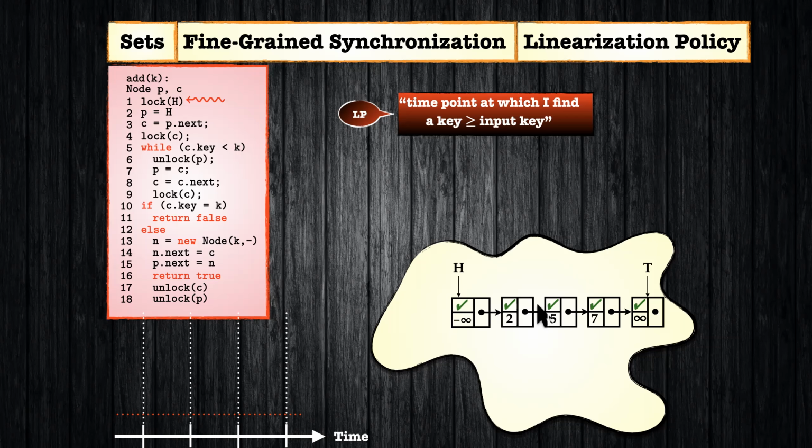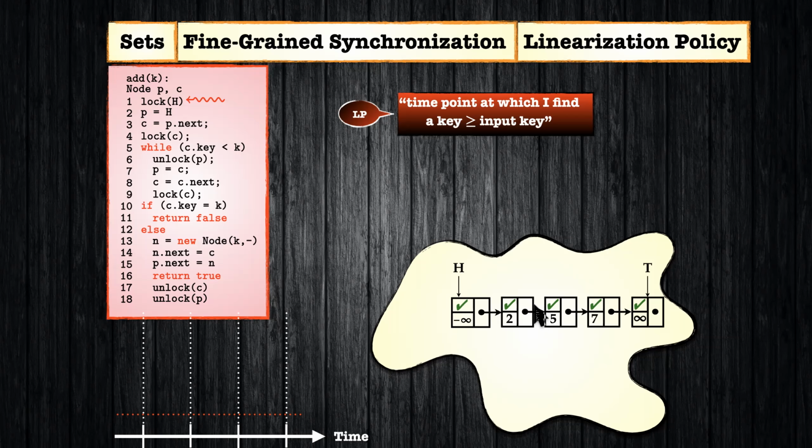So this is somehow a refinement of what we said for coarse-grained synchronization, where we can define the linearization point of a call at any point between the acquire and release of the lock.